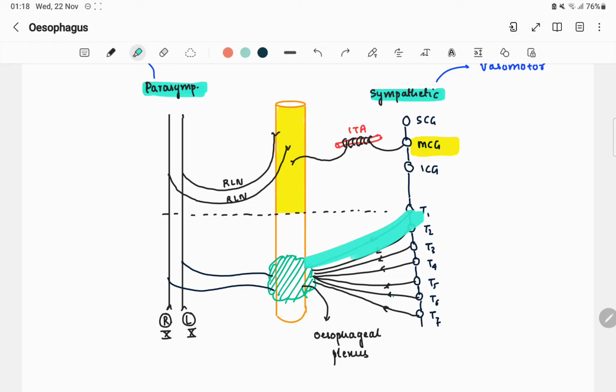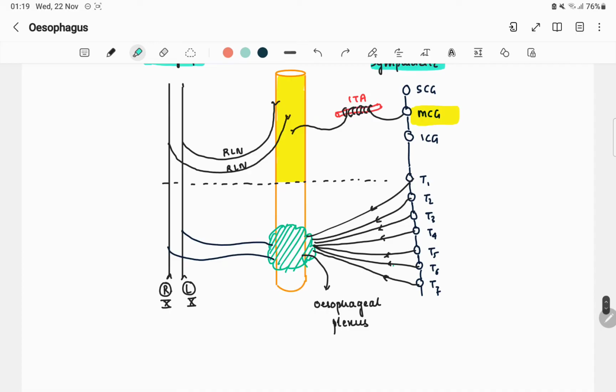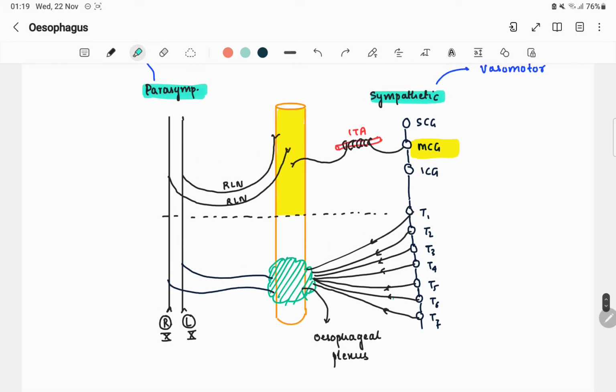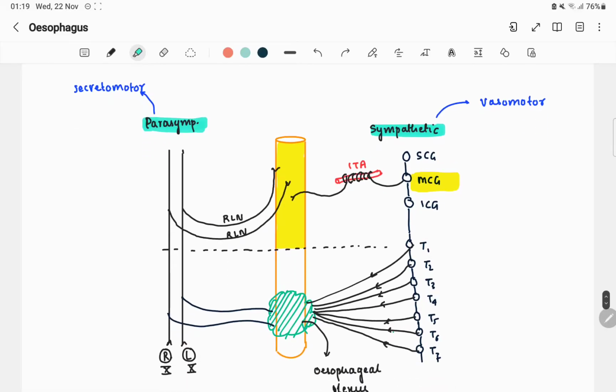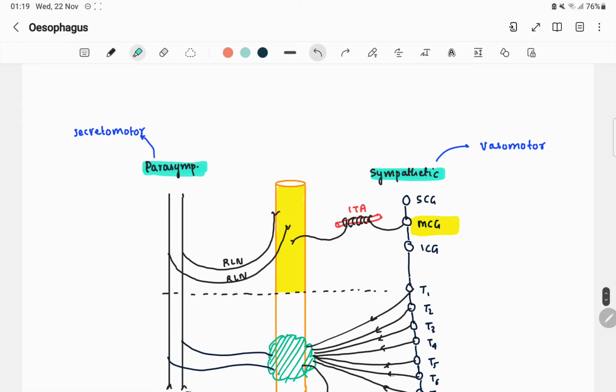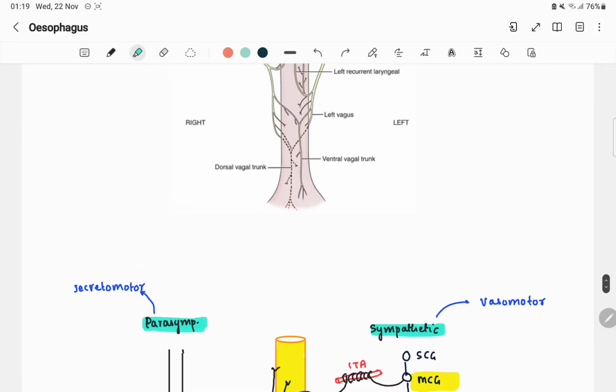There is an esophageal plexus, to which sympathetic fibers contribute from the T1 to T7 segments, and parasympathetic fibers from the right and left vagus nerves. So generally you can say the nerve supply is via this esophageal plexus. The upper part is also supplied by the recurrent laryngeal nerve from both of the vagus nerves.